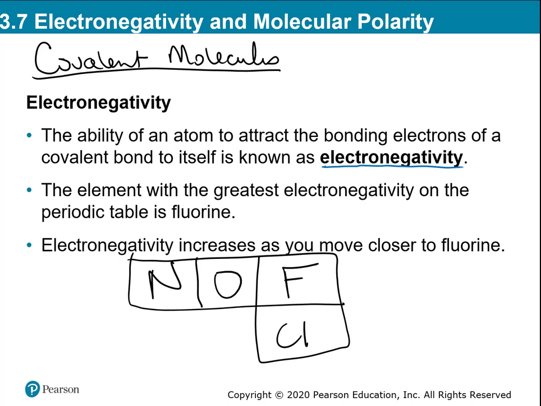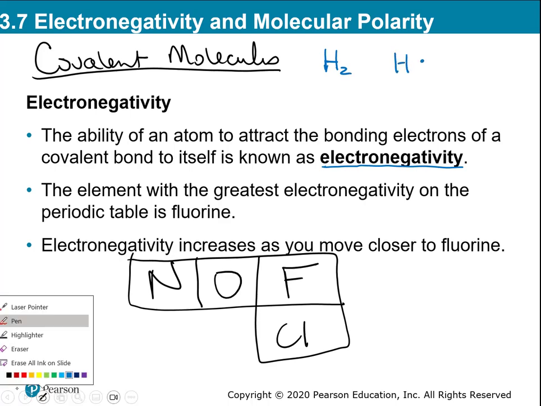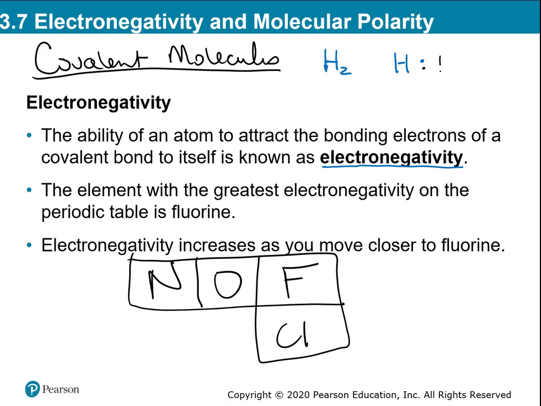So if I have H2, just 2 hydrogens, those 2 dots realistically spend 50% of the time with one hydrogen and 50% of the time with the other. So I like to put the dots right in between. It's a very equal sharing because they're the exact same atom, the same element, so they share equally.